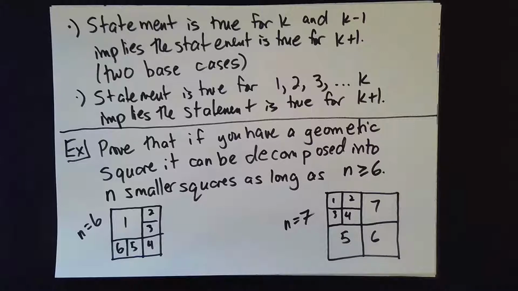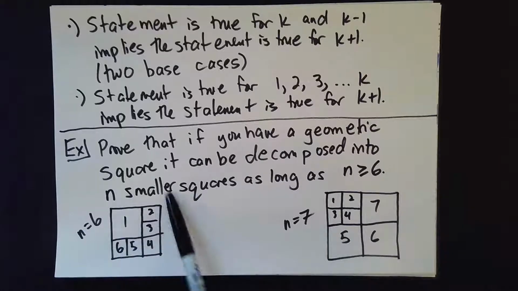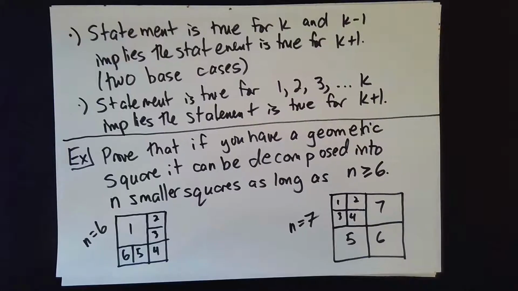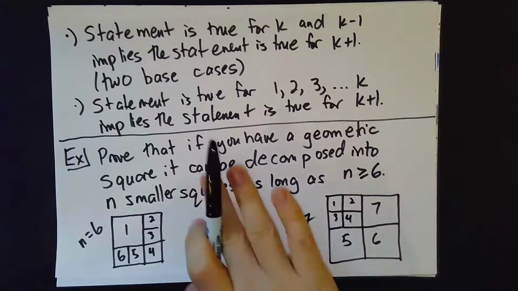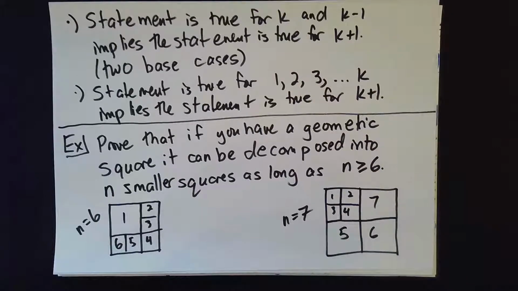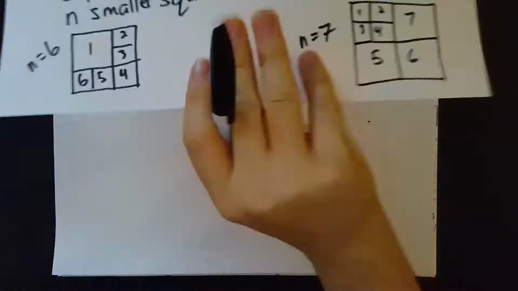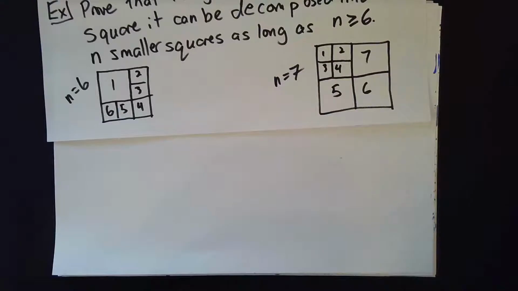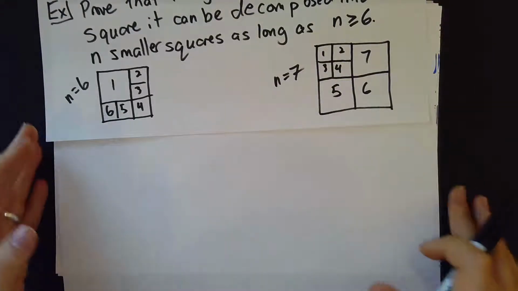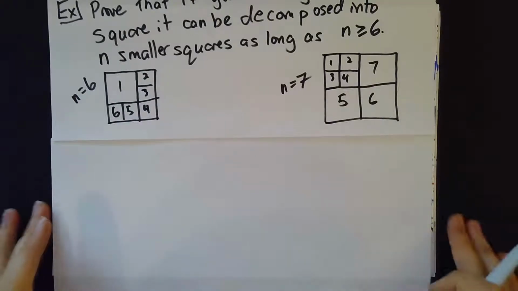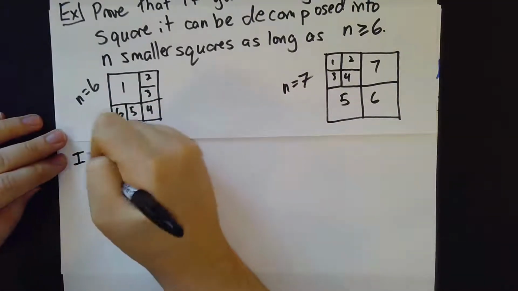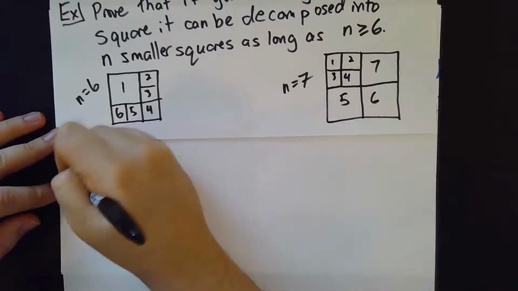Because, for example, I think it's going to be awfully hard to come up with some way that I can change this picture into this picture. But if you play with it a bit, you'll figure out that what you actually can prove is that, so this is my inductive step.